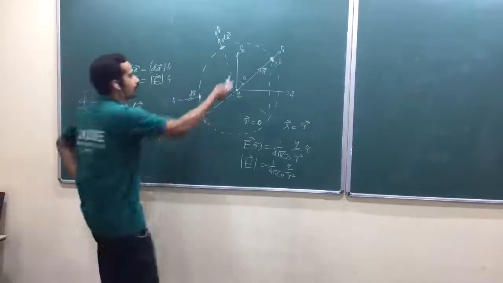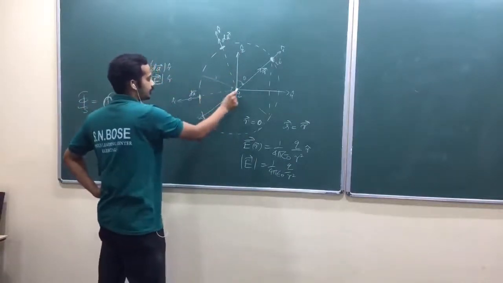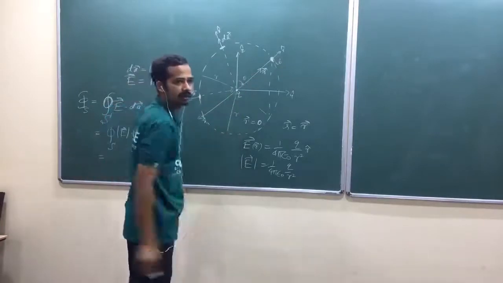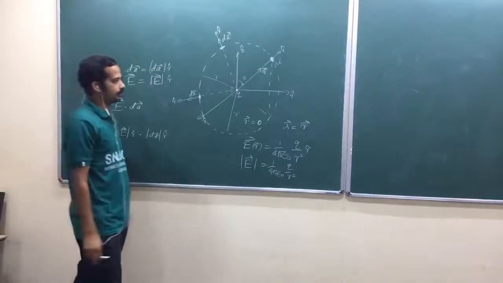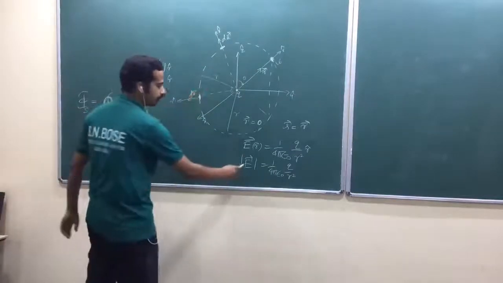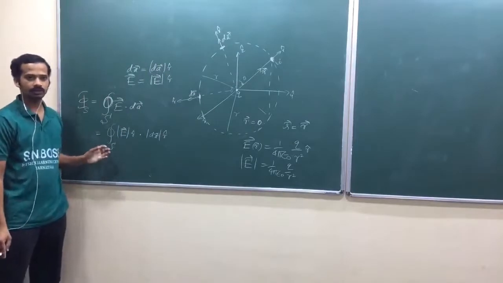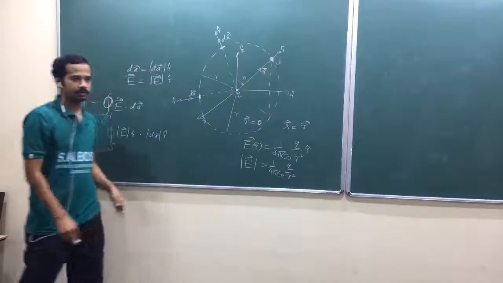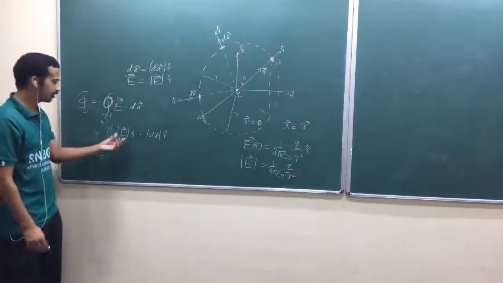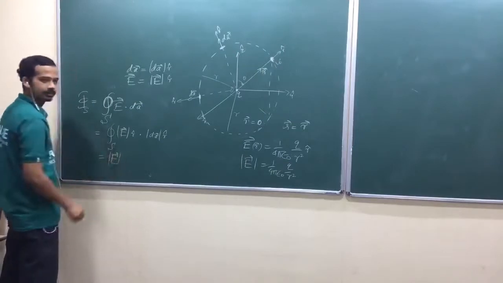Now since over this spherical surface your radial distance is constant, r, I have taken r. Over this surface, your radial distance is constant. That's why this is also constant throughout this integral. How does this integral run? This integral runs throughout the surface area, isn't it? So throughout that surface area, this mod E is constant. I can take that one outside. Mod E. Am I right?